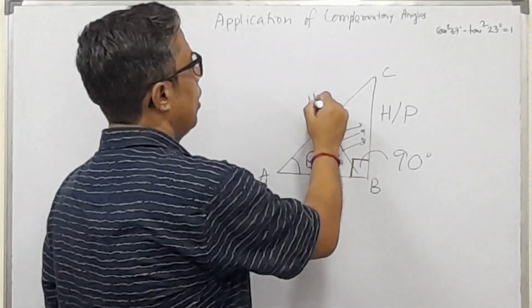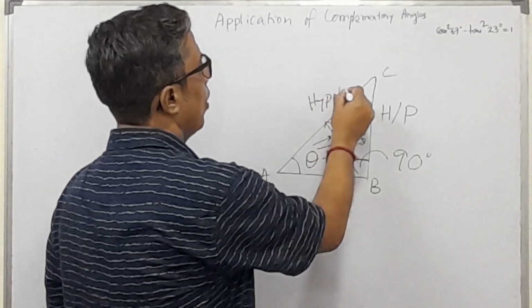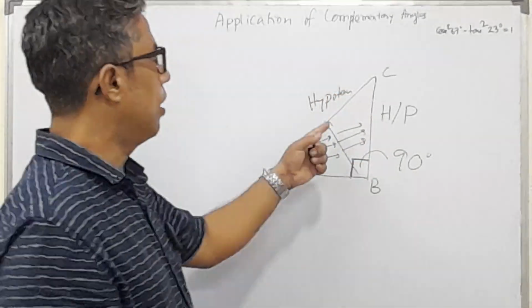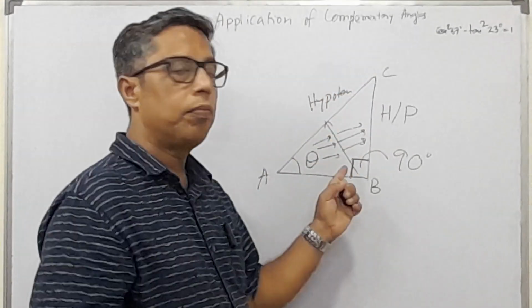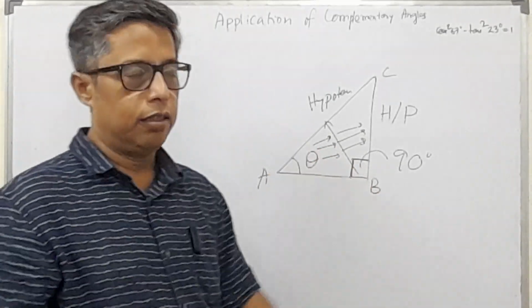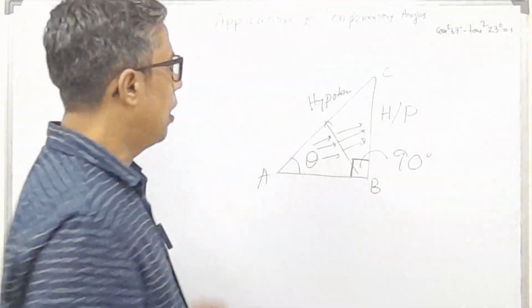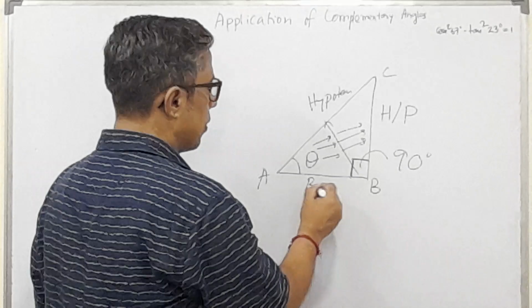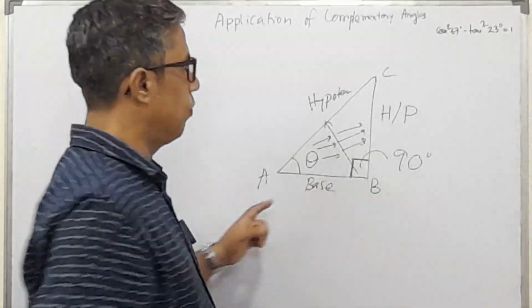So this is the hypotenuse. Hypotenuse is the opposite side of the 90 degree angle, right? The rest, this side, will be the base.